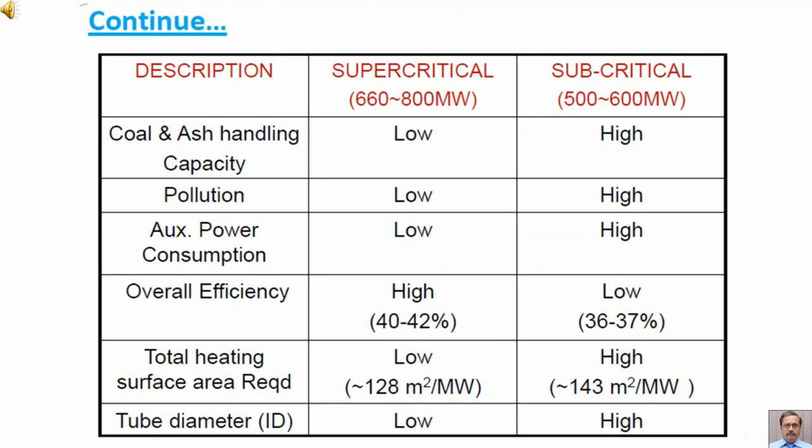It is continuation of the same table. Main point to be noted is overall efficiency. In case of supercritical, it is high, 40 to 42%, and in case of subcritical, it is low, between 36 to 37%.